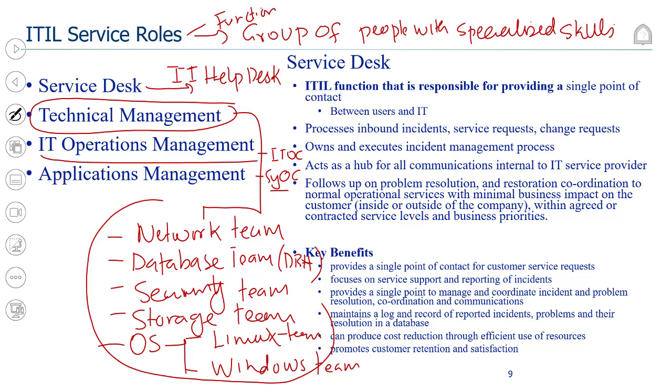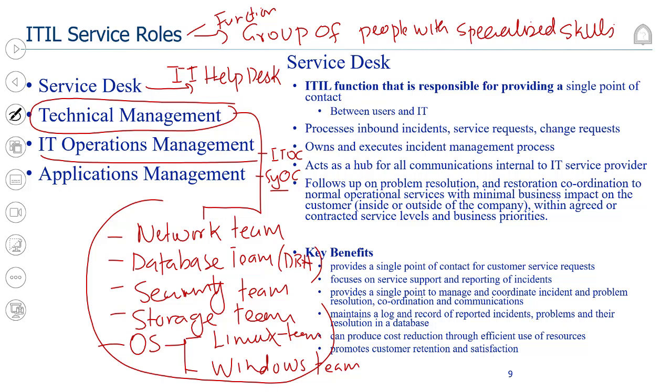If anything is flagged up, like a P3 ticket or any warning, then they call the technical teams to fix the problem before it backfires. Those are what we call the roles. Out of these roles, I just wanted to talk about the service desk. Those are some of the things that the service desk does.